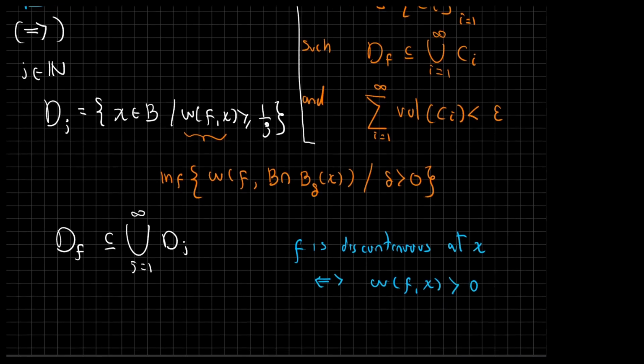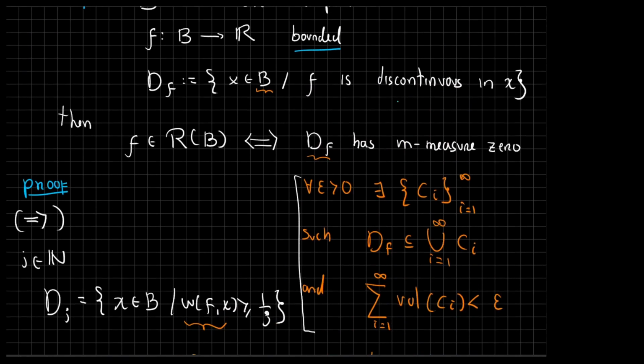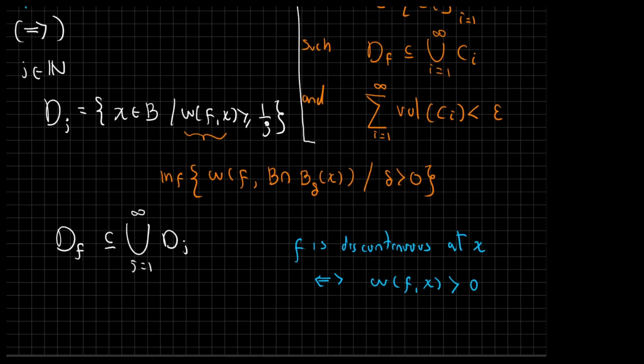If it is 0, then it is continuous. So since D f is the set of points in which f is discontinuous, then for every x in this set, the oscillation of f at this point should be greater than 0, and then there will be j such that this holds. There will exist some j naught such that this oscillation is greater than the inverse of j naught. So this is why this inclusion is fulfilled. Let's highlight it here.